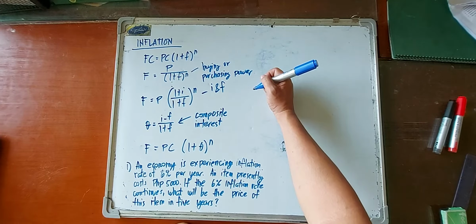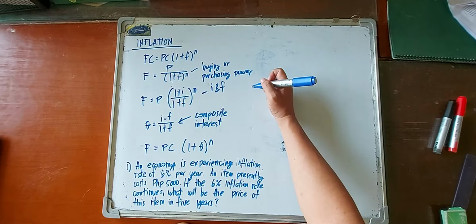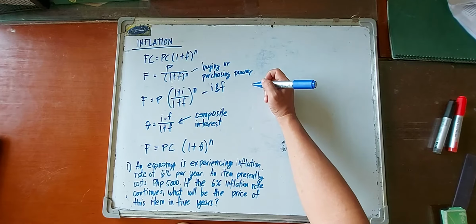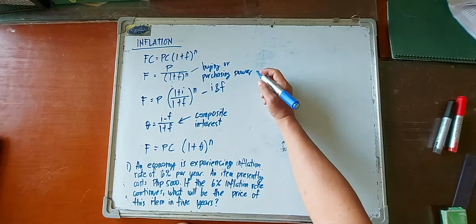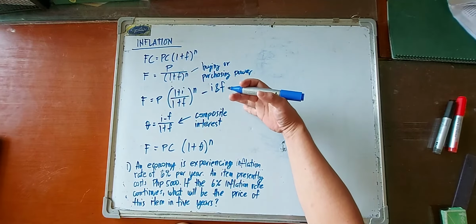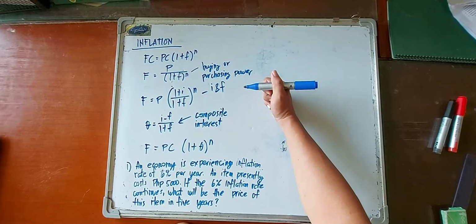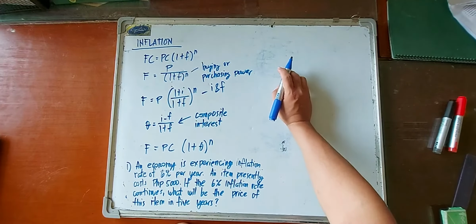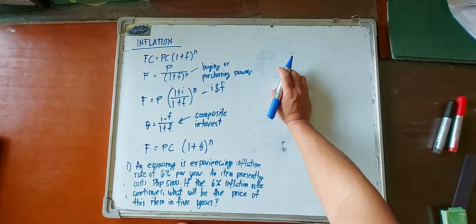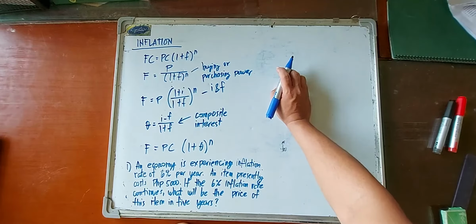So unlike kapag nilagay mo sa alkansya, no, naipon mo for many years, so hindi siya kumikita, wala siyang tubo, no? So yung amount ng pera natin would be yung value ng pera natin would be lower in the next years, na because of inflation.